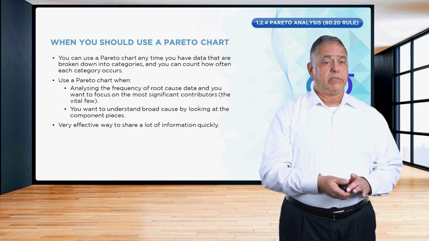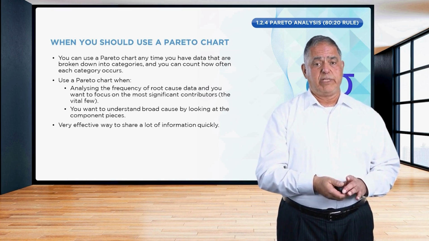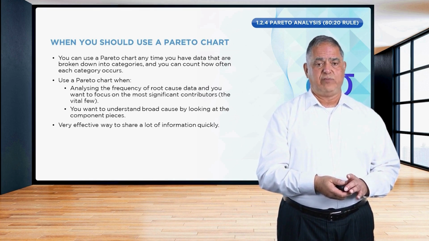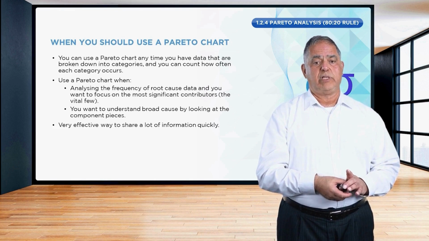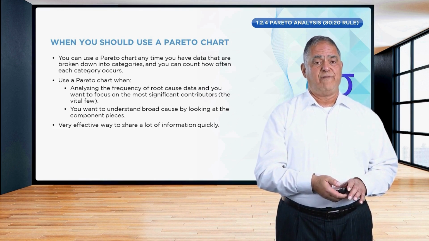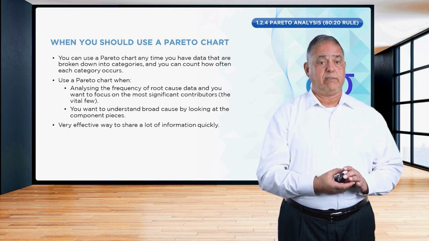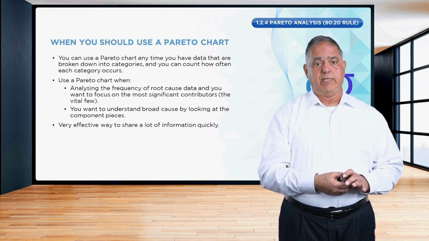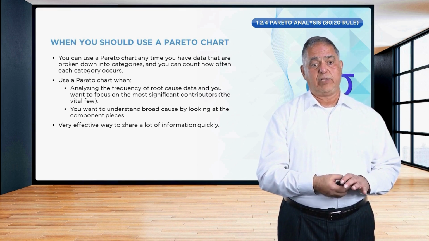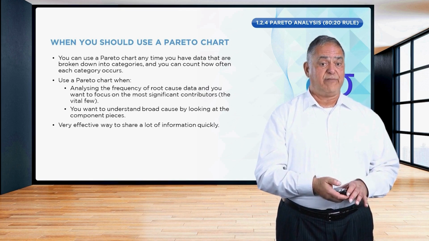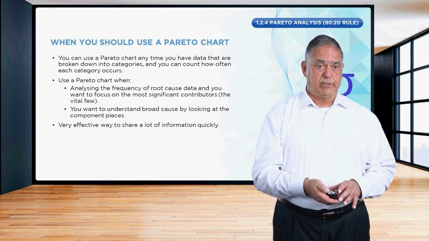In a nutshell, using this tool is a very effective way to share a lot of information fairly quickly. And this can help enormously in identifying and allocating resources to deal with the vital few causes.